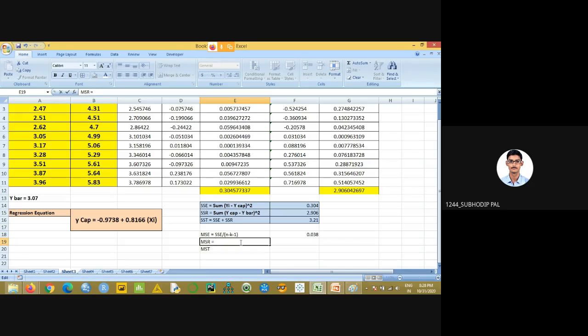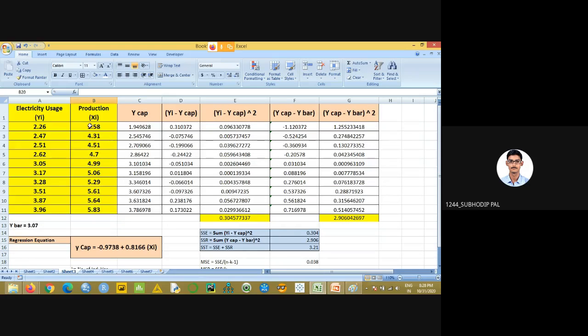MSR is equal to SSR divided by K. What is K? The number of independent variables. Which one is the independent variable here?